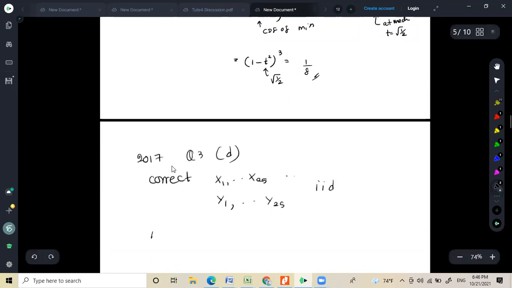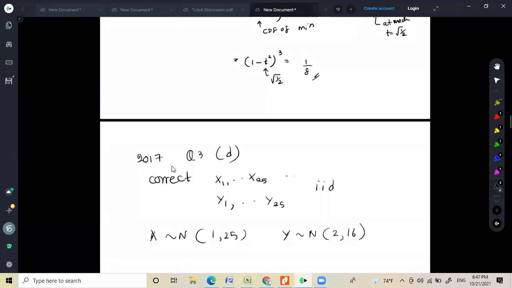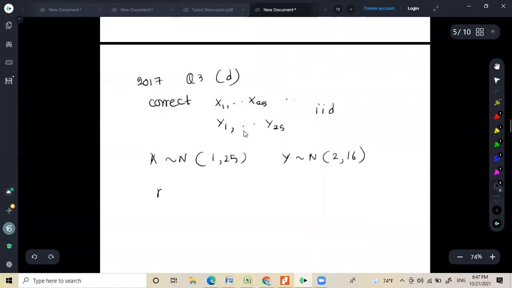X follows normal 125 and y follows normal 260, and they are independent. Now you know how to do it. You have to find the probability that x bar is greater than y bar, with sample size 25. I think we did a similar one last time.